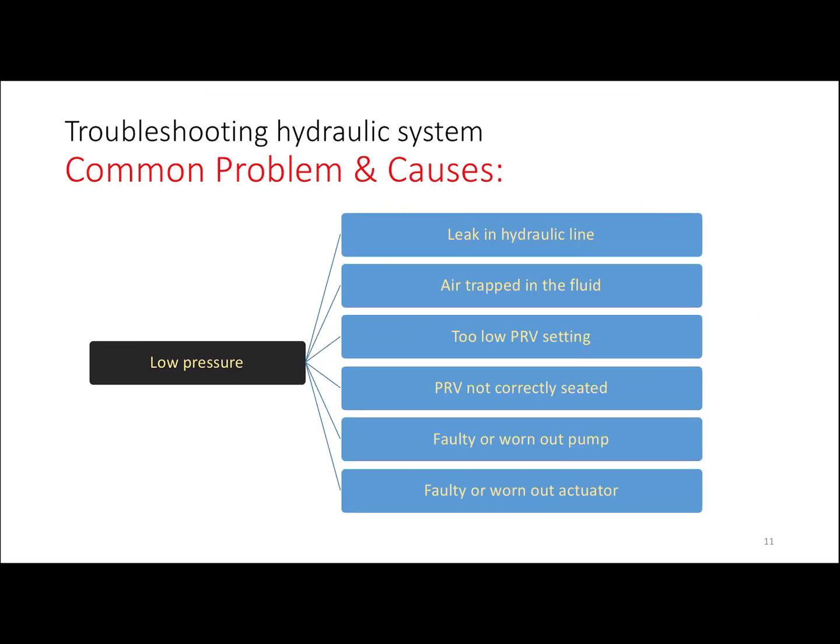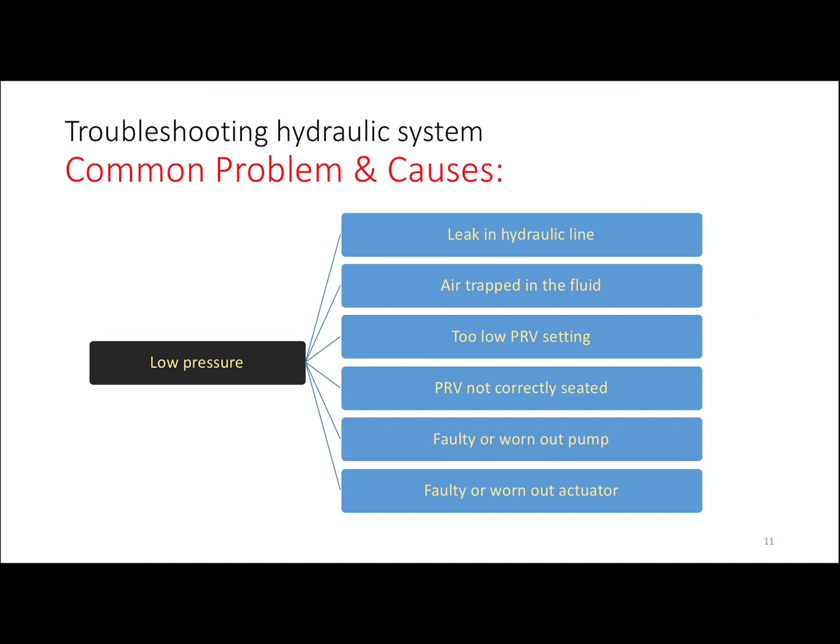Now, second problem in hydraulic pumps is due to low pressure. The low pressure can be because of a leak in the hydraulic line. It can be because of air trapped in the fluids, causing cavitation. And this also may be because of too low a PRV setting.